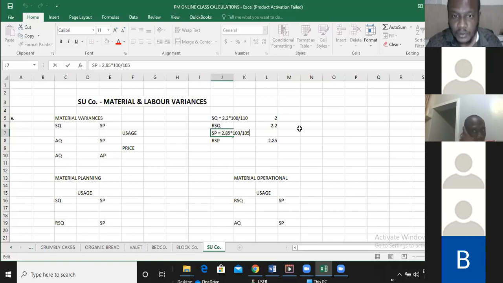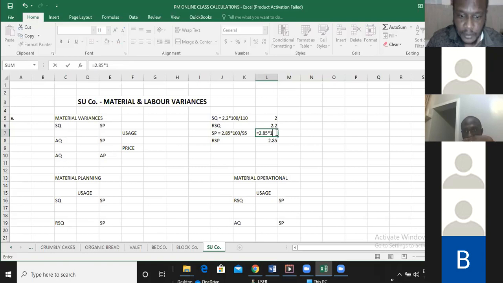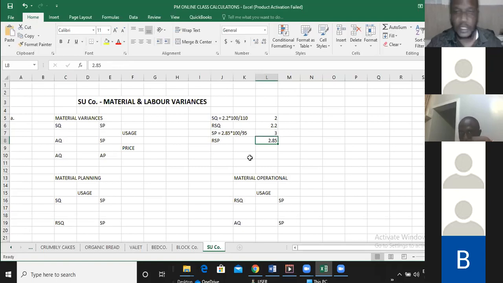So it will be 95. So 2.85 is equal to the standard price multiplied by 95, so the standard price is 2.85 multiplied by 100 divided by 95. When you have figures that are not plenty of decimals, you know that you're doing the correct thing.